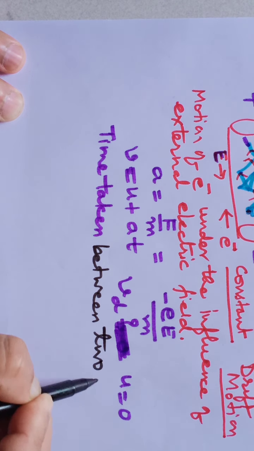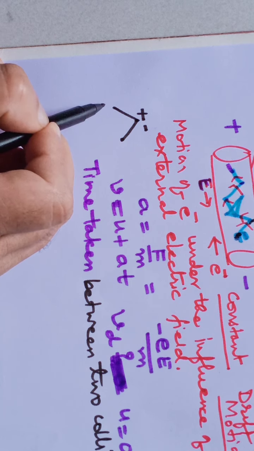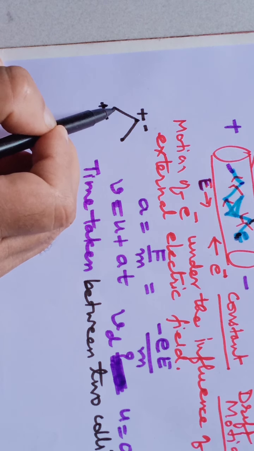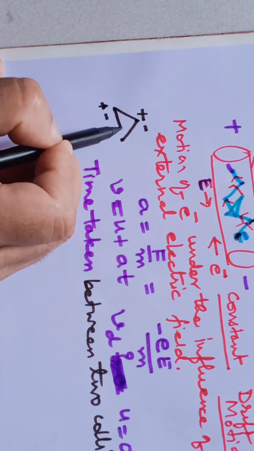So it will move in other direction because of electrostatic attraction or repulsion. Then suppose here is another plus charge or ion or negative charge, then it will move somewhere here, then here. So this is one collision, this is another collision, this is another collision. So this is the time tau taken between two successive collisions. This is called relaxation time.